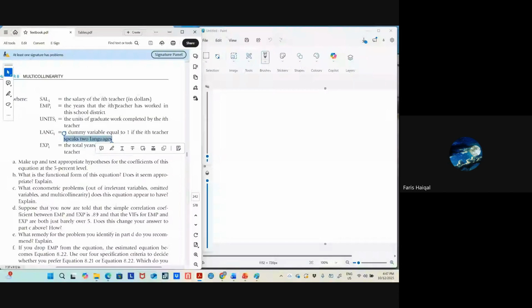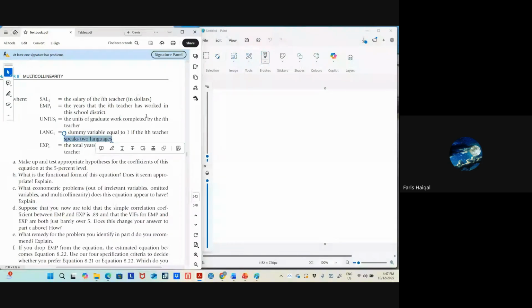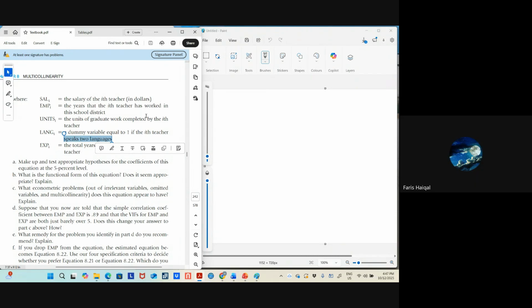Maybe they can teach two subjects, like English and mathematics, for example. Languages, not knowledge. Two languages means they can teach the other language that they know as an additional subject, an optional course.